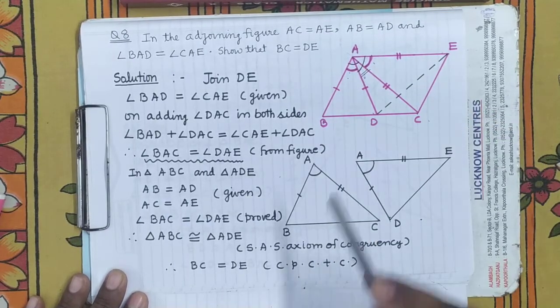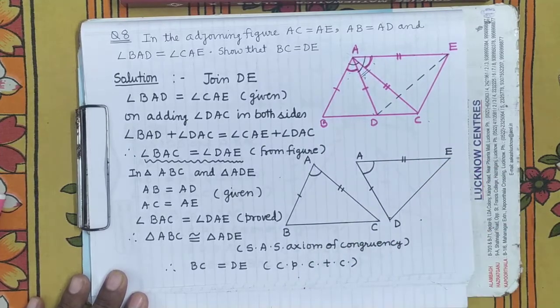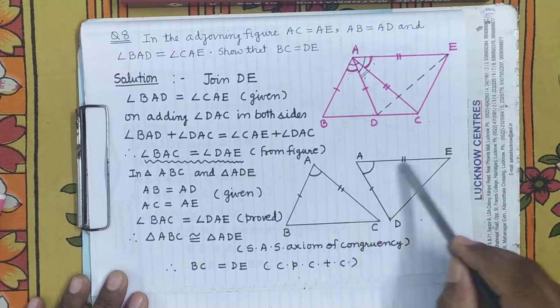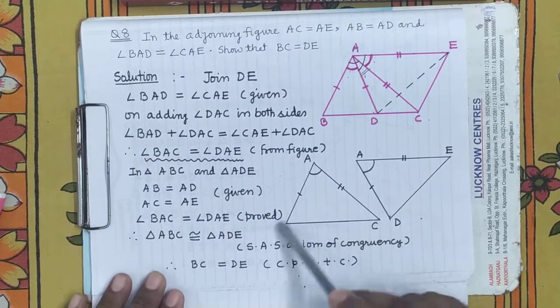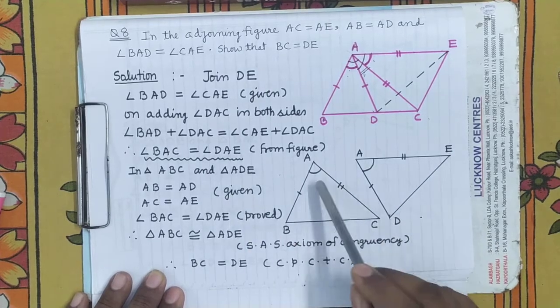AB is given equal to AD. Then AC is equal to AE. Then you have proved angle BAC equals angle DAE.